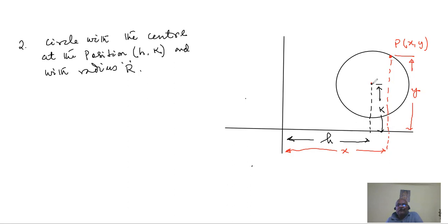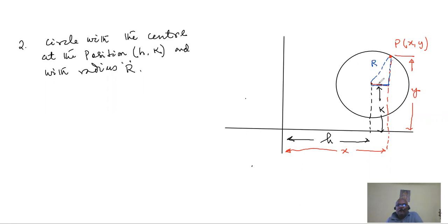I am doing a bit of extra construction. I am trying to create a right angle triangle here, whose perpendicular is like this, base is like this, and this is the hypotenuse, which obviously is again the radius.